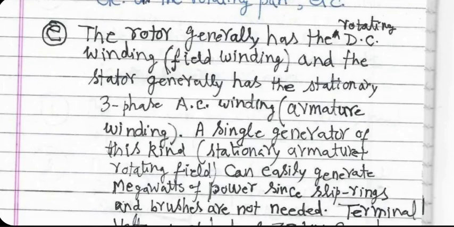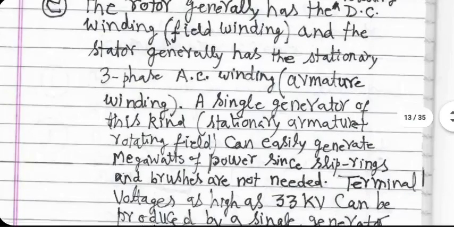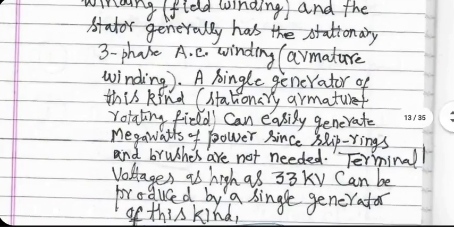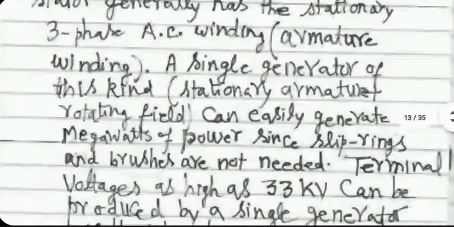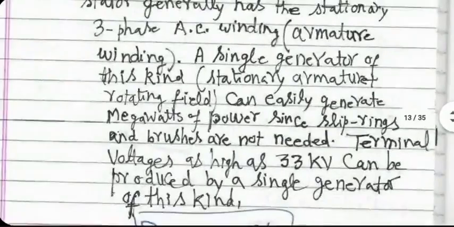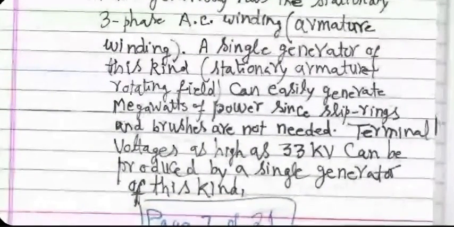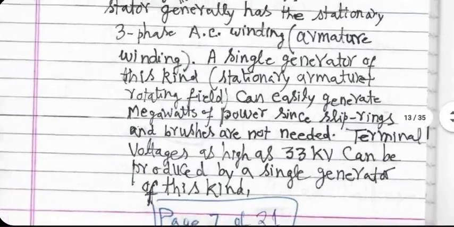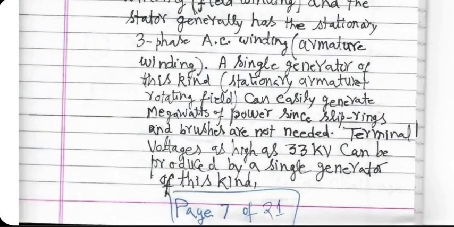A single generator of this kind, where stationary armature is involved and rotating field is involved, can easily generate megawatts of power. Terminal voltages as high as 33 kilovolt can be obtained from a single generator of this kind. Stationary armature permits you to go to those high values without serious complications.